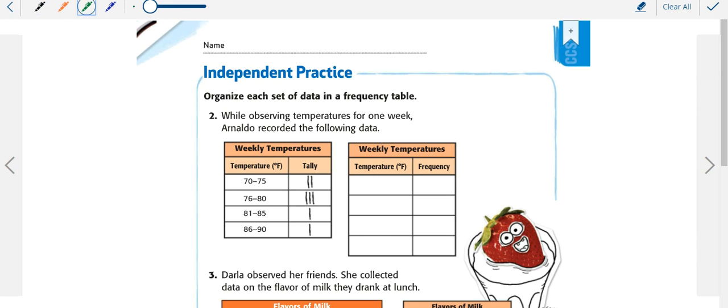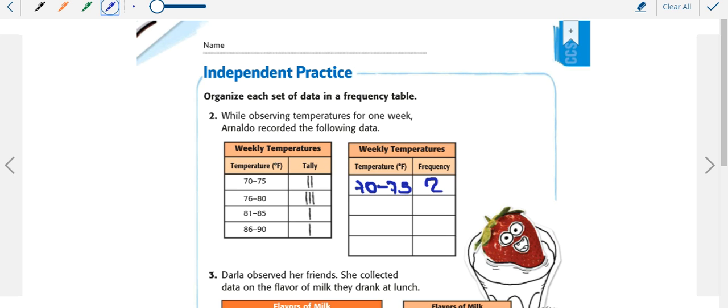While observing temperatures for 1 week, Arnaldo recorded the following data. Remember, the data is information. Weekly temperatures. Temperature 70 to 75 Fahrenheit is 2. So here you're going to write 70 to 75, and frequency is data.